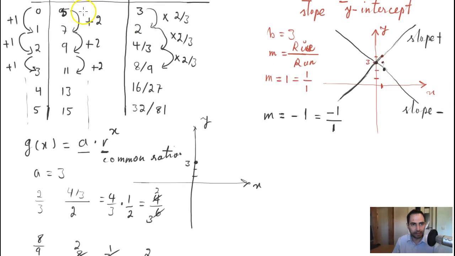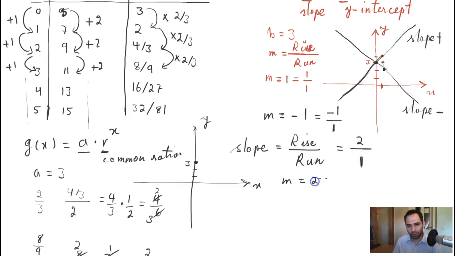What I mean by that is that the slope of a linear function is your rise over your run. And in this function, as I add 1 unit to my input, so my run becomes 1, the function is rising 2 units. So it's 2 by 1, which means that m is equal to 2.